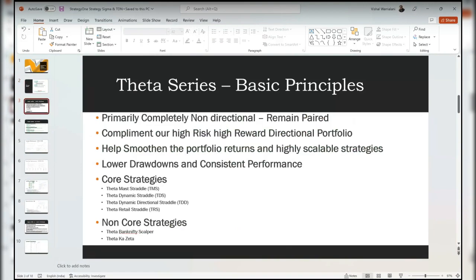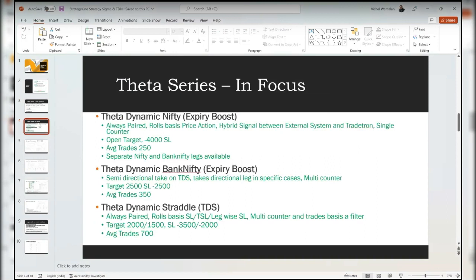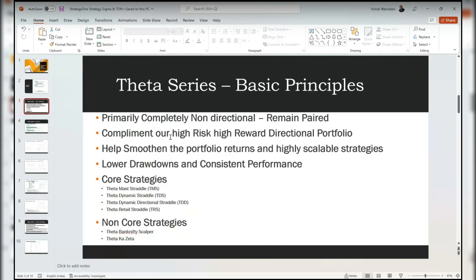In theta strategies, you guys have been using scalpers. And the scalper is something that we are converting into a different set of strategies. We had theta strategies which are non-directional or have some semi-directional angle to it.